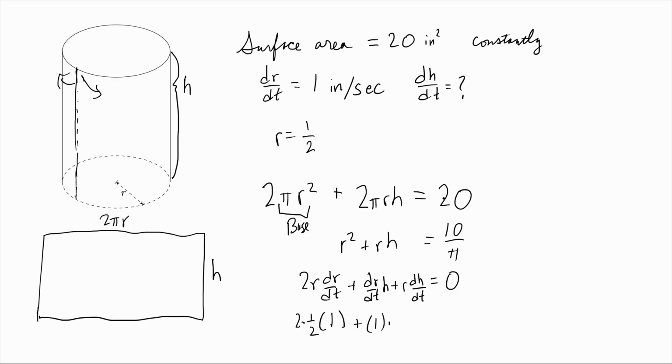Well, look at this equation right here. We can actually figure out what h is from this equation at this particular moment in time, because now we're just plugging in values. Notice r and h are related to each other in such a nice way, with surface area being 20, that we could figure out what h is when we know what r is.